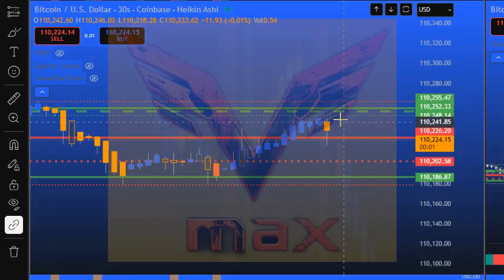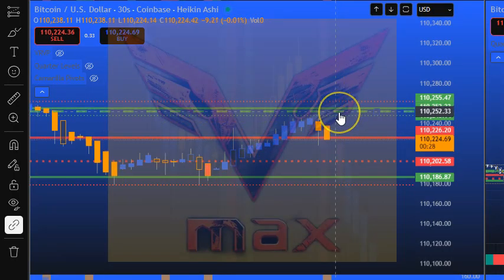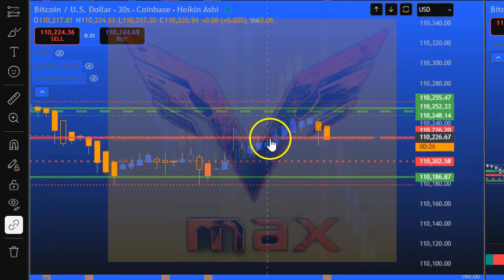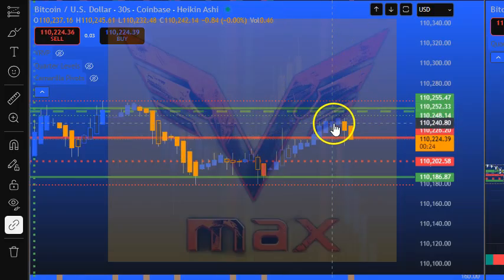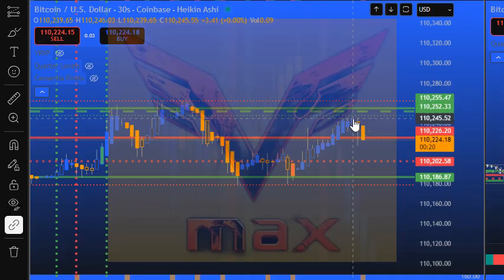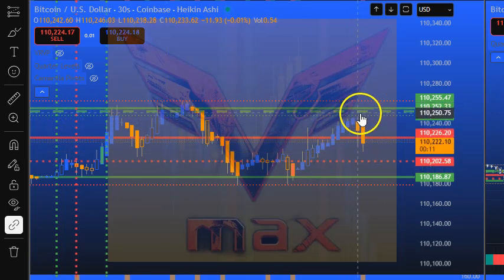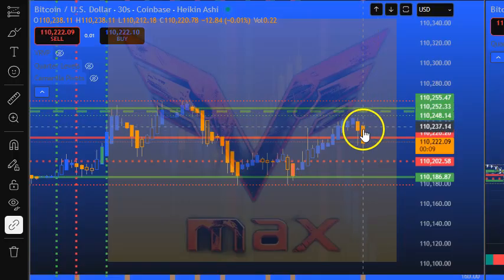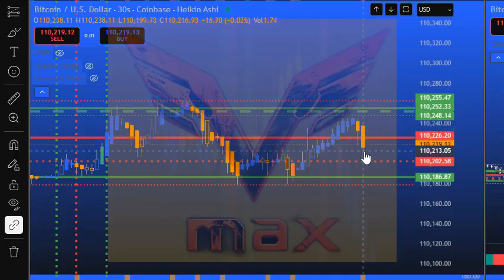If you took that sell and made that your stop loss, you would have had to ride out this emotional roller coaster of the pullback, but then you would have been safe for this sell.